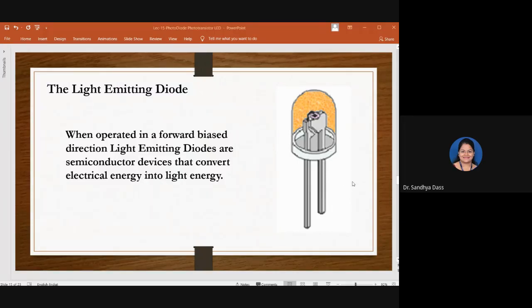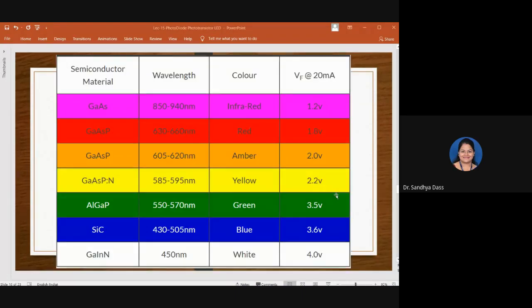Because here, most of the generated energy radiates away within the visible spectrum. Since these LEDs are solid state devices, they're extremely small and durable and provide a much longer lamp life compared to that of the normal light sources.